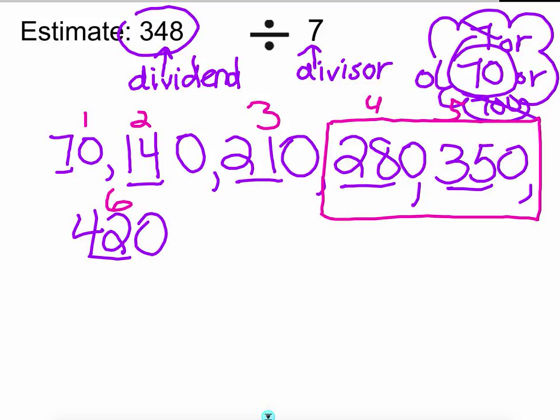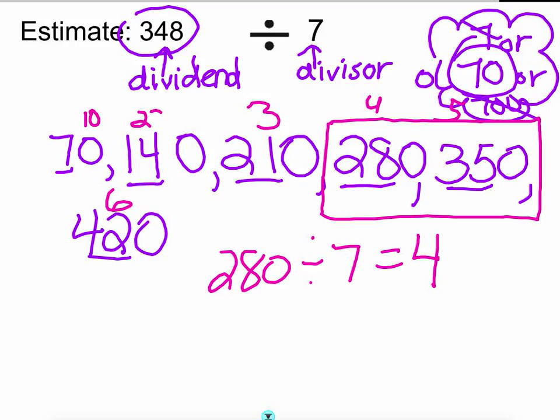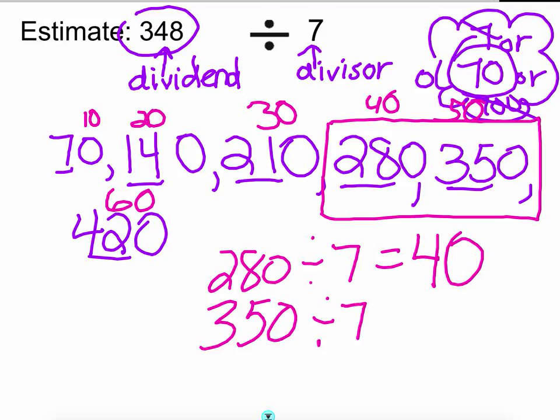All right, so I know, I'm going to rewrite it, 280 divided by 7 equals 10, 20, 30, 40, 50, 60. And then 350 divided by 7 is 50.